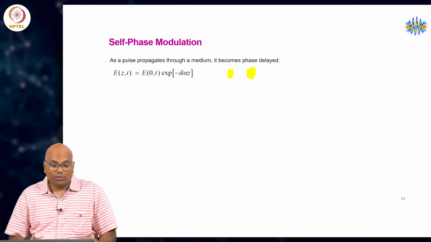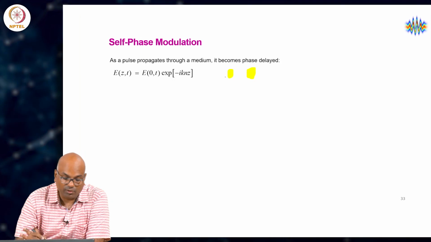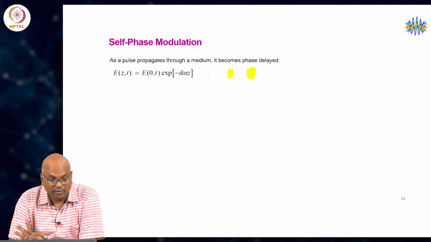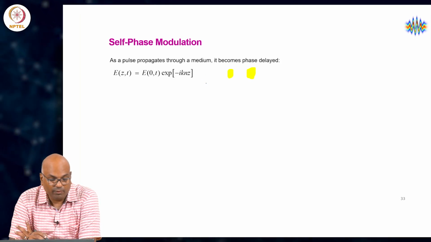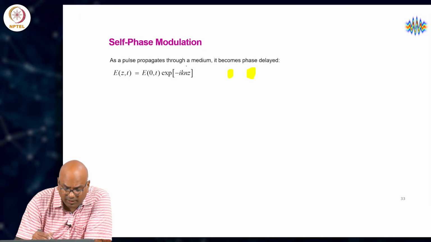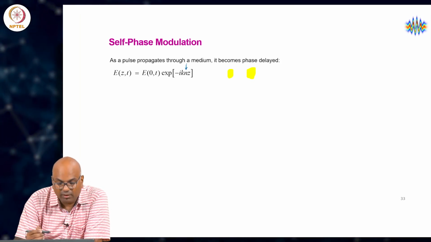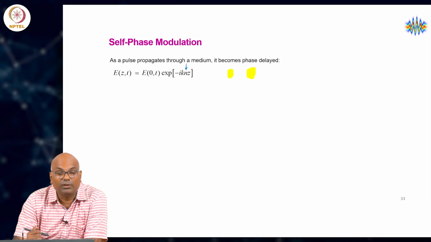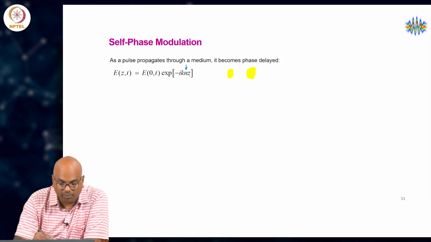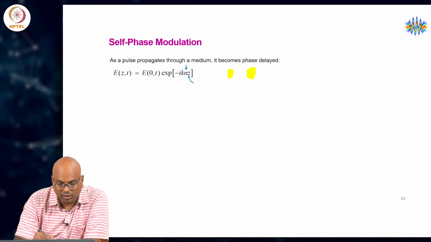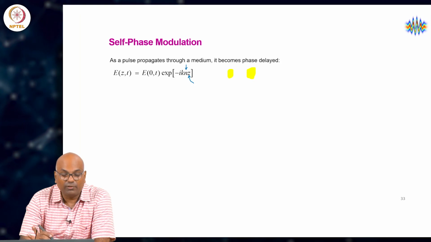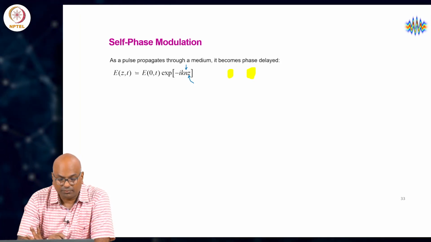Okay. So, let us examine the consequence of the intensity dependent refractive index in the time frequency domain. Now, if we have a pulse propagating through a medium with a refractive index n, here we consider only the real part of the refractive index, then we realized earlier that after propagating through a distance z, the phase is delayed.